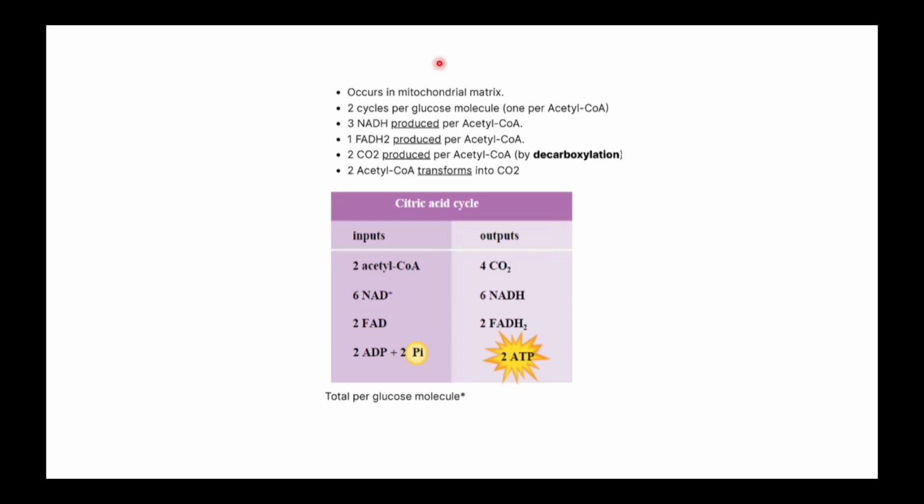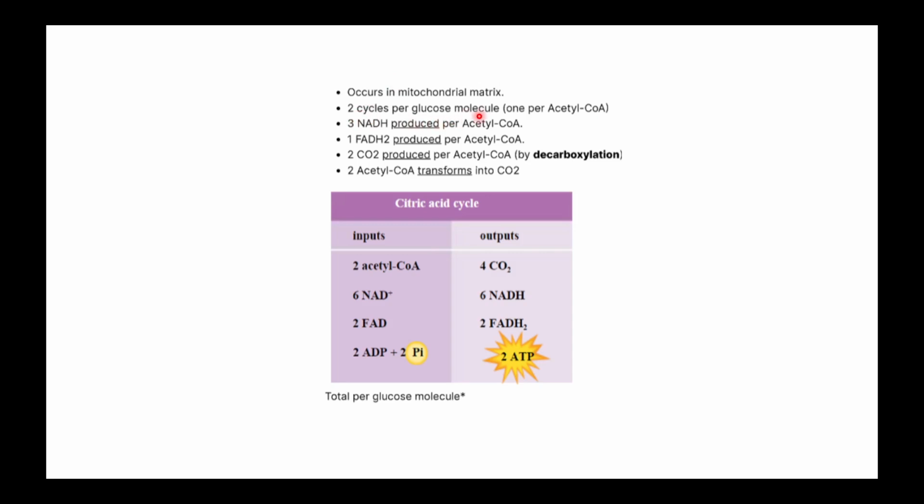So what is happening here, if we summarize, this TCA cycle or citric acid cycle is taking place in the mitochondrial matrix. 2 cycles per glucose molecule or 1 per acetyl coenzyme A, because what we saw is pyruvate changes to acetyl coenzyme A. One 3 carbon pyruvate molecule is changing to acetyl coenzyme A, so there will be another 3 carbon molecule that was formed from 6 carbon glucose.